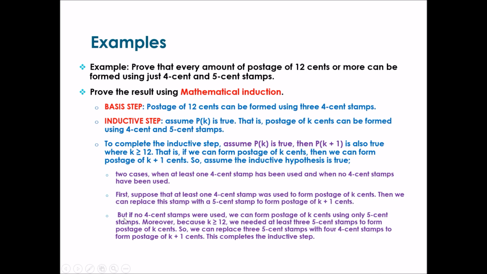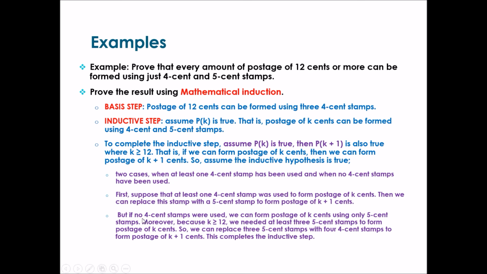So the next case, if no 4-cent stamp were used, so we can form postage of k cents using only 5-cent stamps, right? Now since k is greater than or equal to 12, if the postage is made using only 5-cent stamps, then the least amount will be 15 cents.